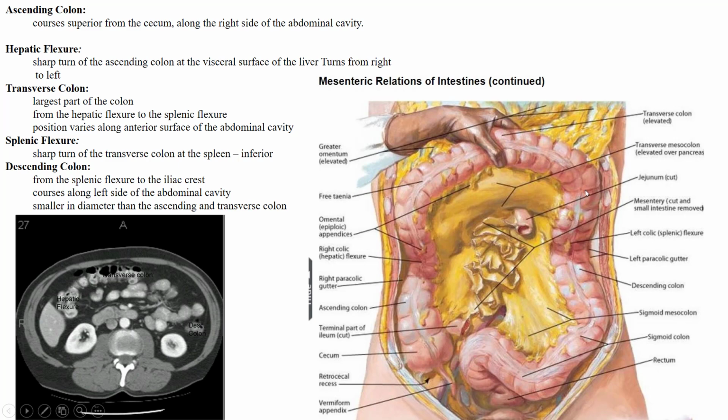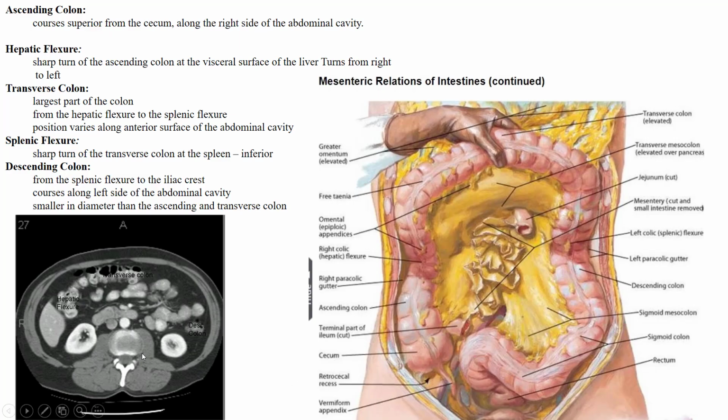And again, it makes a sharp curve, and it comes down to the descending colon, and that runs along the anterior abdominal wall again, but this time in the left side of the body. And then it curves into the sigmoid colon, and that can be various pathways. It can be really tortuous, or it can be a little bit more of a straight line. And the sigmoid colon then will take you into the rectum and down into the anal canal.